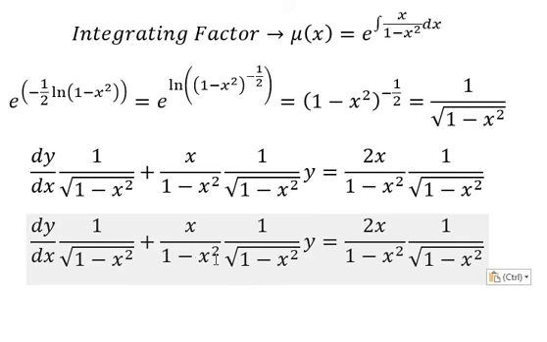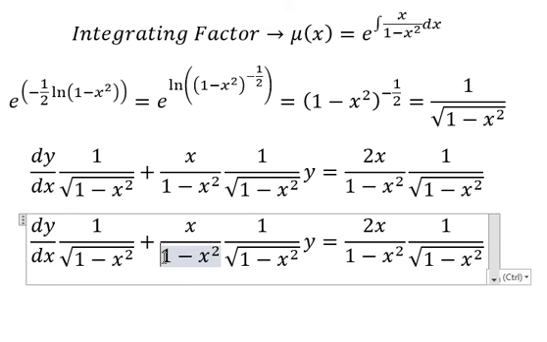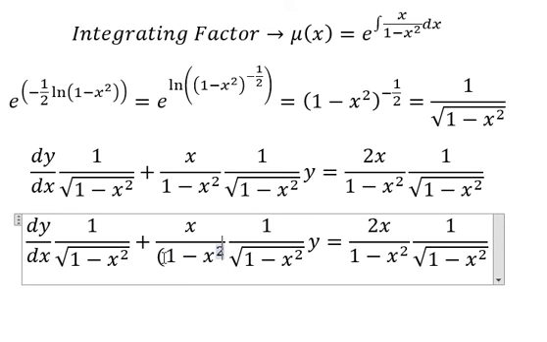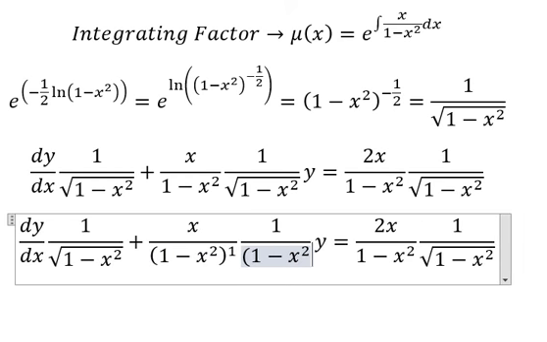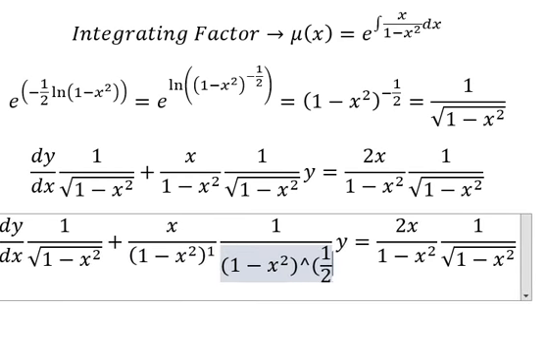So 1 minus s squared with the square root of 1 minus s squared. This one is to the power of 1. This one is to the power of 1 over 2.